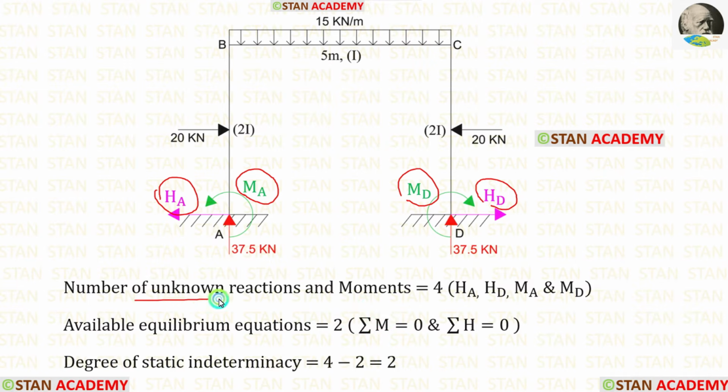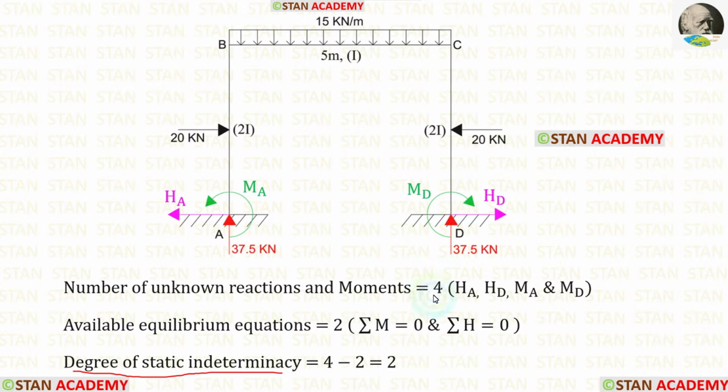So the number of unknown reactions and moments are 4. The available equilibrium equations are 2. Sigma M is 0 and sigma H is 0. The degree of static indeterminacy is equal to 4 minus 2. We will get 2.